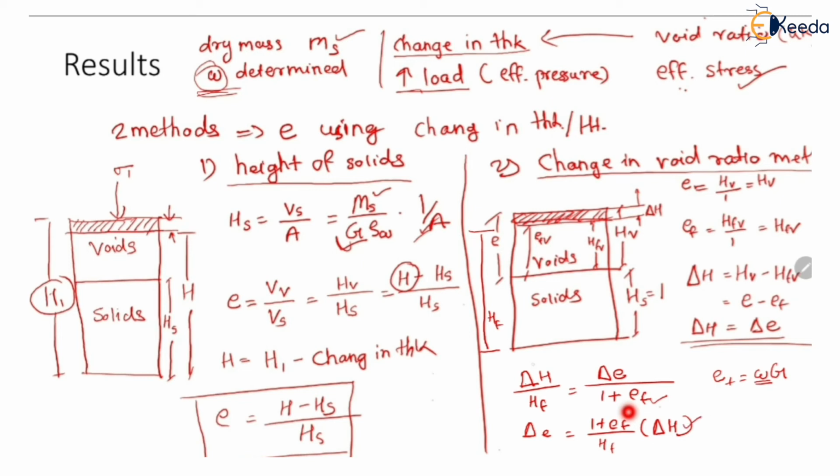Delta H value can be measured with the help of a dial gauge and HF will be the final height of the soil. So using this we can measure the value of delta e.